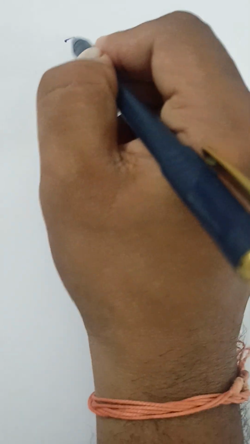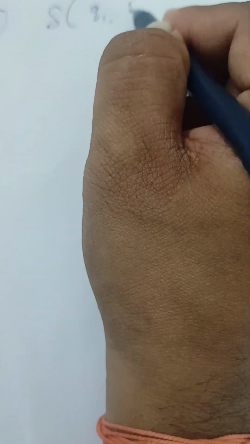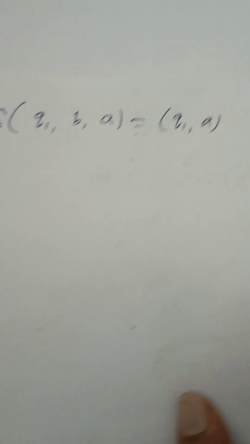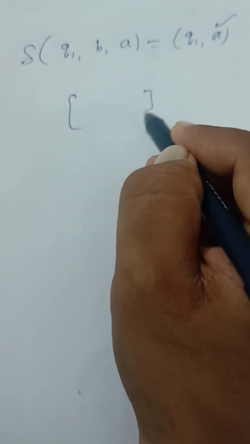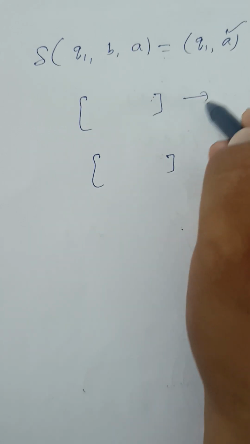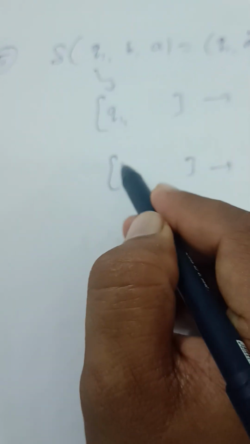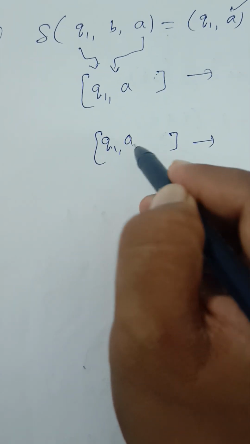Now we will consider the fifth transition function, delta of q1 comma b comma a is equal to q1 comma a. Here we have one character, that's why we get two production rules. What is the starting state? q1, q1. What is the middle one? a, a.